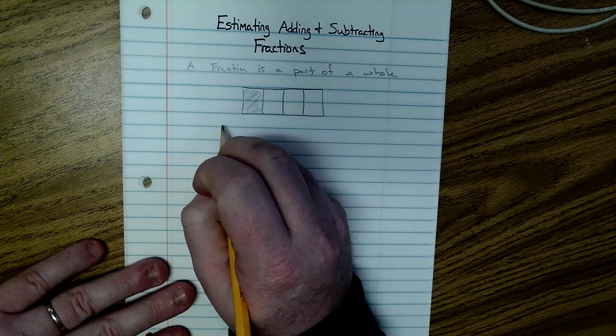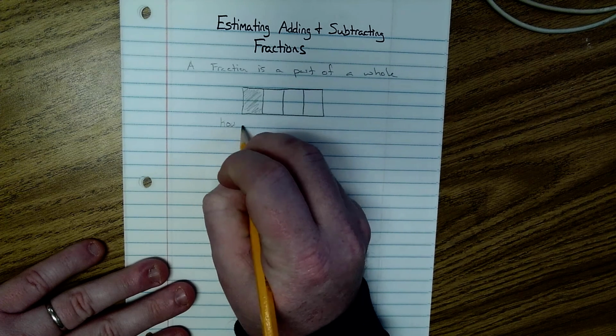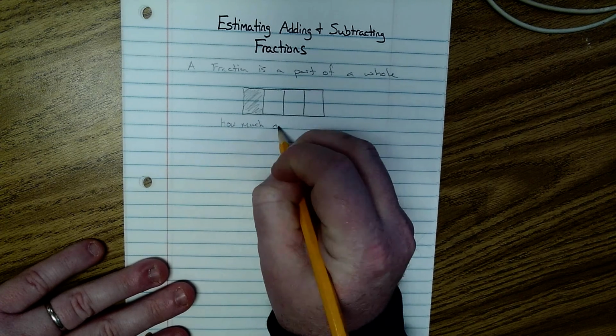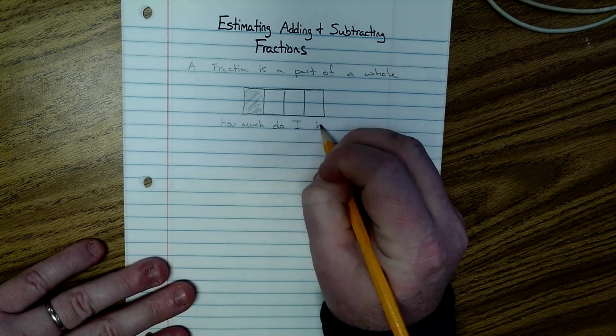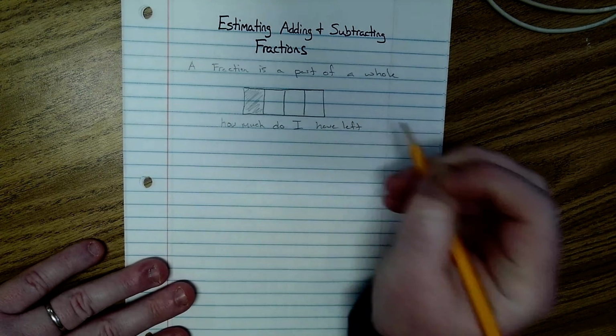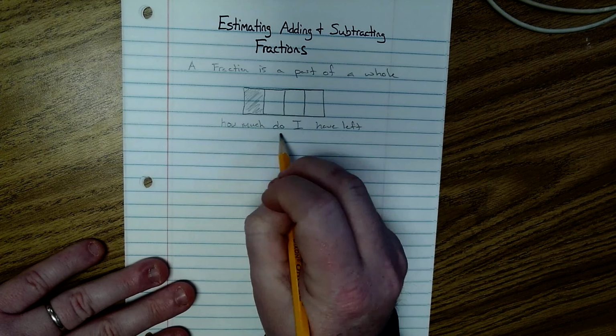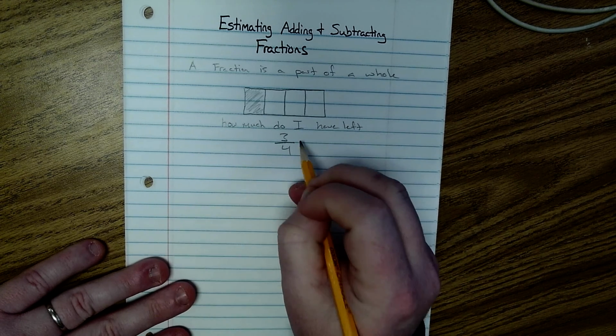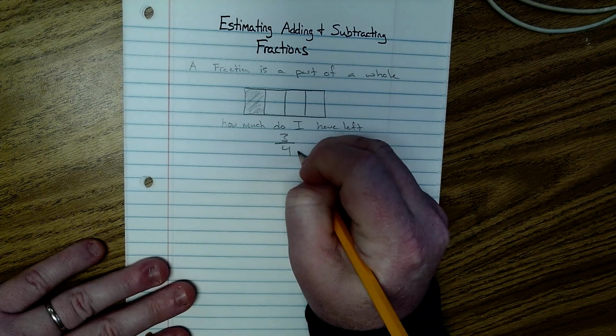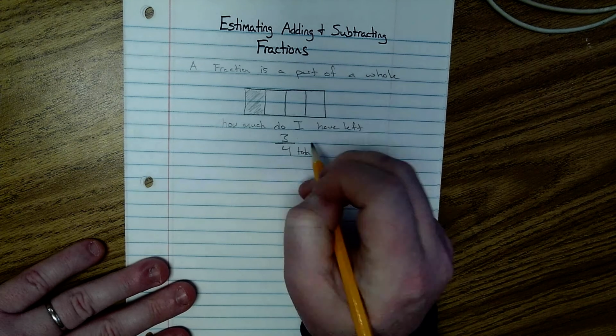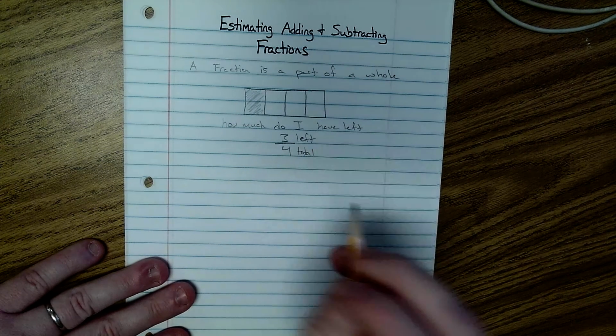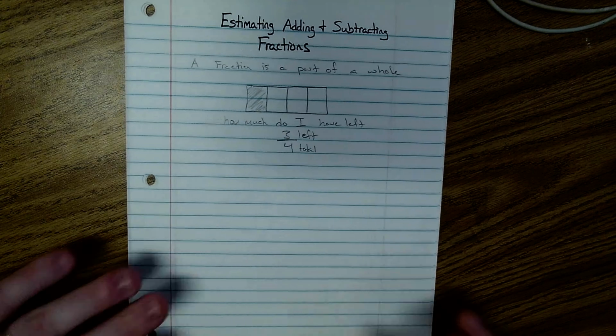So the question is, how much do I have left? Well, I have 3/4 left. I got 3, and there was 4 total to begin with, and I have 3 left, right? So my answer would be 3/4. So a fraction is a part of a whole.